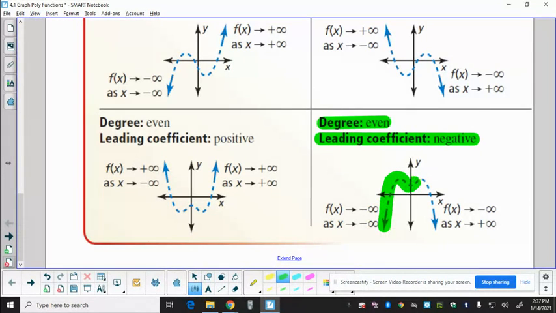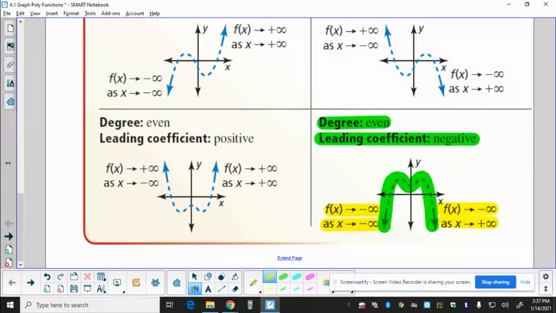This is what we wrote down up there. We said that as a point moves to the right, the y coordinates went downward. And as a point moves to the left, the y coordinates also went downward. That will be true for every polynomial function that's even with a leading coefficient that's negative.